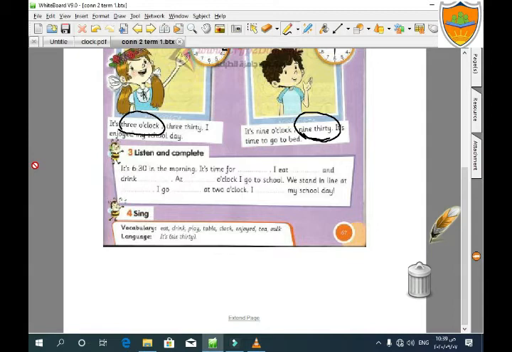Listen and complete. It's 6:30 in the morning. It's time for breakfast. I eat bread and drink milk. At clock, I go to school at 7:30.